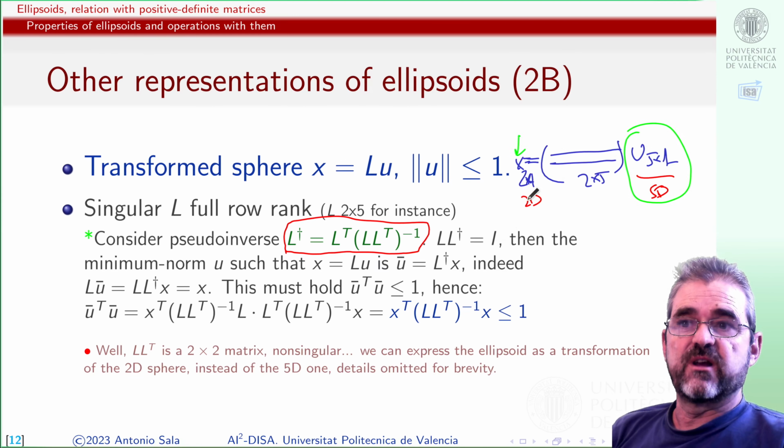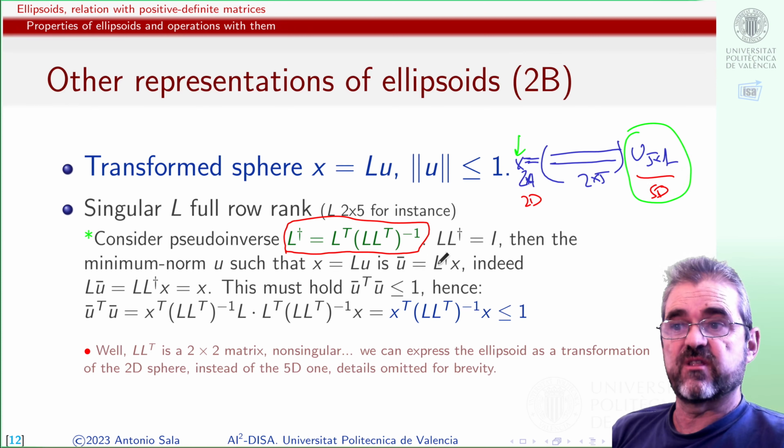What does it mean? Well, if I fix x, I have 2 equations and 5 unknowns, so I have an infinite number of solutions, and the one with minimum norm, the least squares solution, is that with the pseudo-inverse, which we call here bar U.